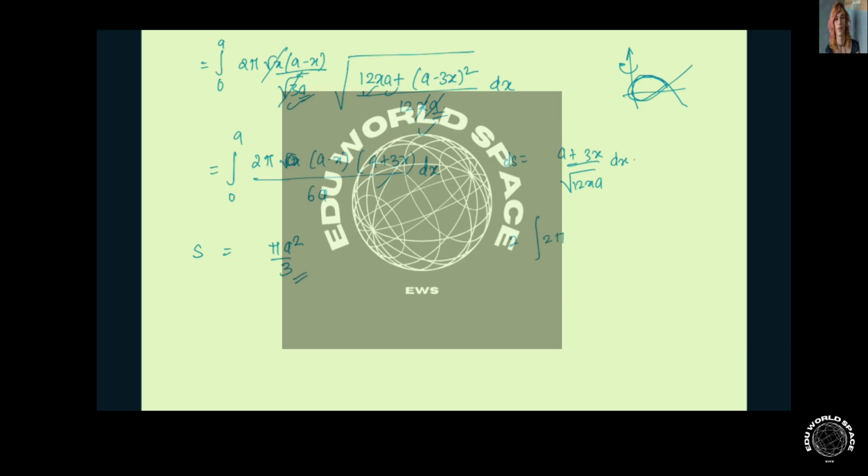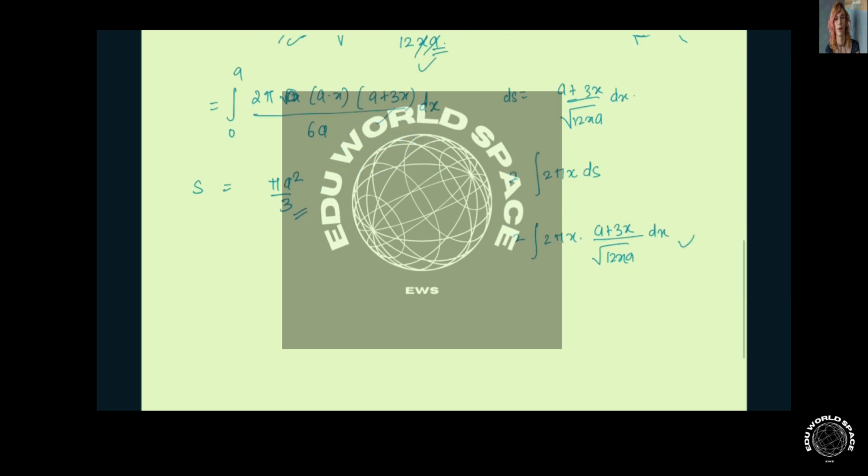Its surface area will be, instead of rotating the entire loop, we can rotate the upper part of the loop and double it. So this is 2 times 2πx times ds, that is 2 times 2πx times (a + 3x) over √(12xa) dx. Here the limit of x we know is from 0 to a.